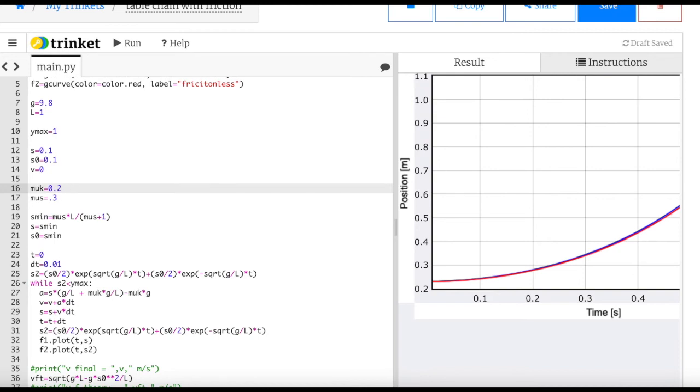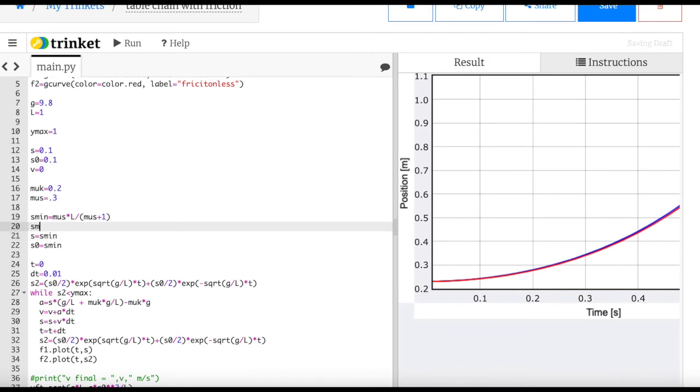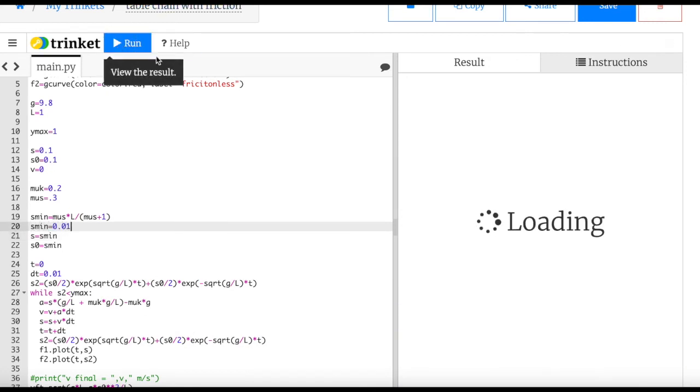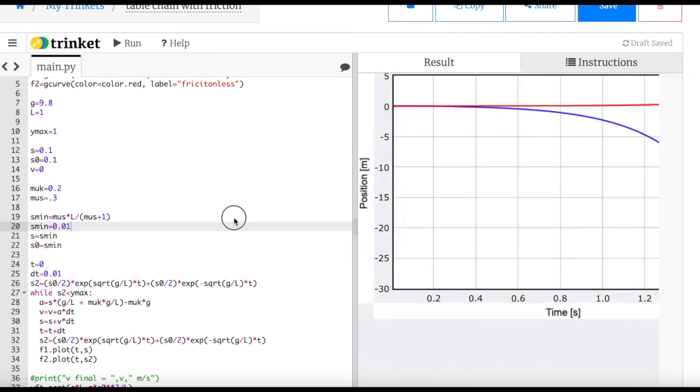Okay, now let's try something. What if I start off with S0 as something really small? So let's say S min, let's do it right here. I'm just guessing S min equals 0.01. What's going to happen? Okay, excellent.